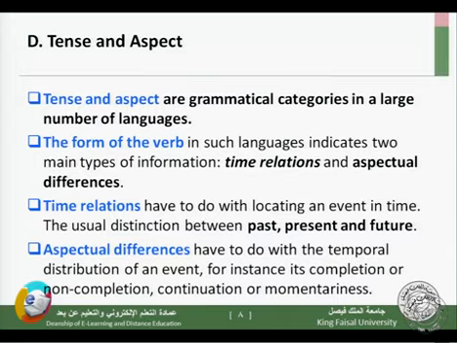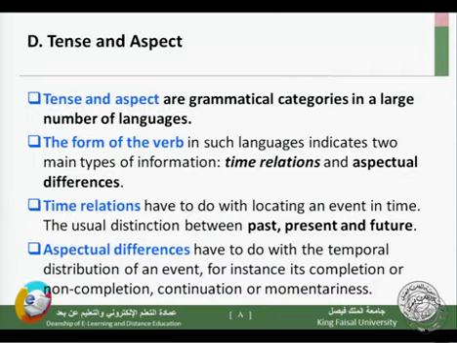Now the verb has time relations and aspectual differences. The verb really determines the tense and the aspect. You need to look at the time dimension and the aspectual differences. Now what do we mean by time relations when we are looking at verbs?